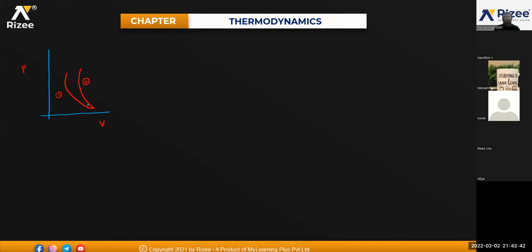Keep a cross mark here and move in the clockwise direction. So 1 will represent isothermal and 2 will represent adiabatic. Clear? Is that clear?